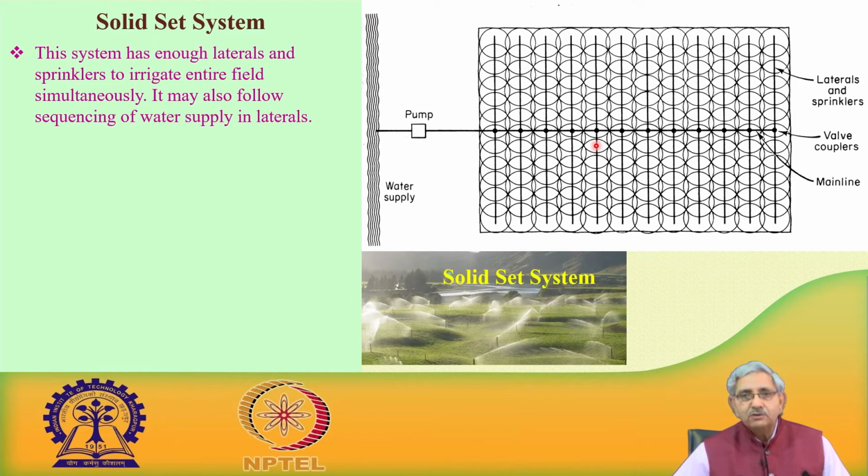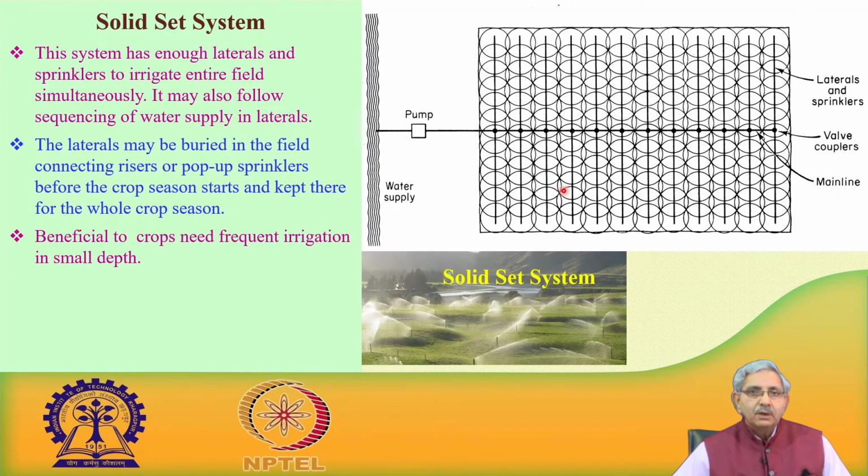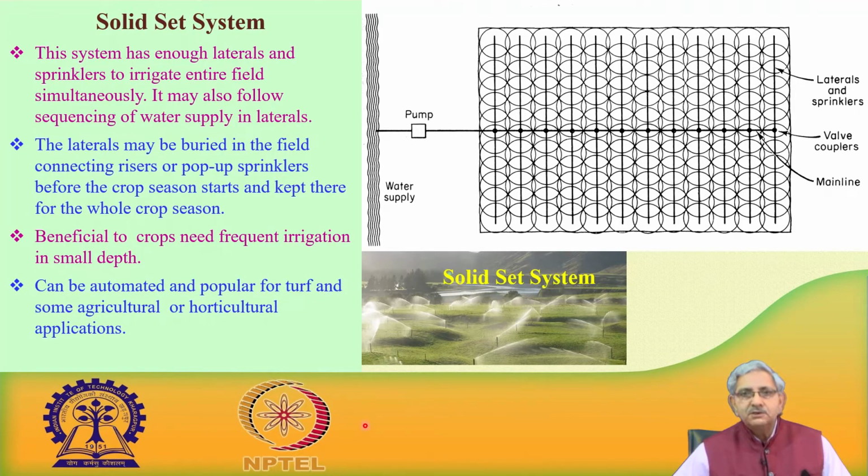All the plants need irrigation at the same time, and in that case such an irrigation system is very much required. It is installed for the entire crop season, or it can be permanently installed. It is beneficial for crops which need frequent irrigation in small depth. Such systems can be coupled with automation, so depending on the requirement and the temperature, it can be automated.